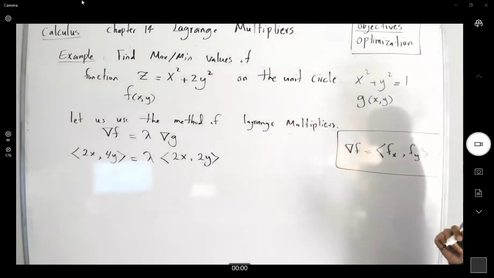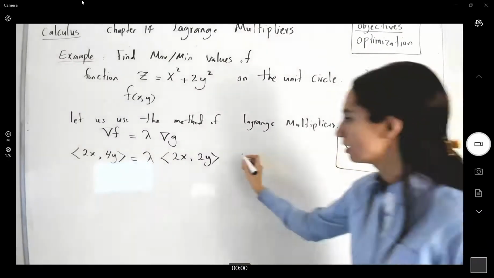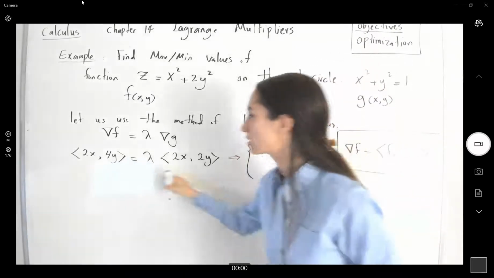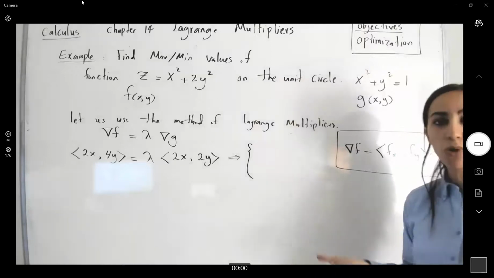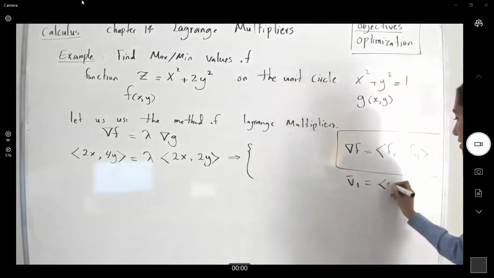So what do we have here? We end up with two equations like this. We are setting the components of two vectors equal to each other. Two vectors are equal if and only if their components are the same.